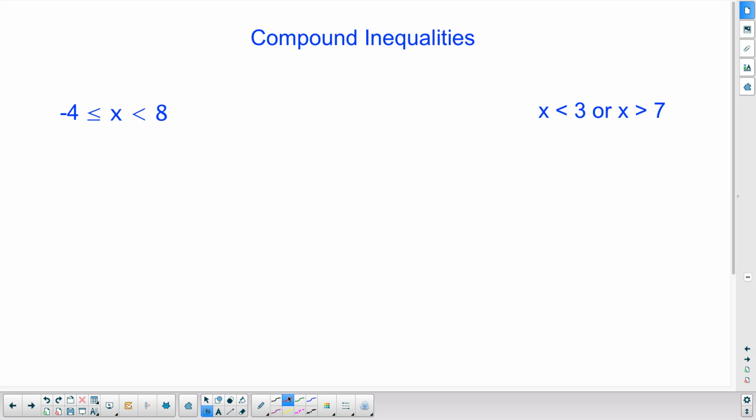When we get into systems, then we'll go into more. Okay? But so this first one is an AND statement. Okay? In an AND statement, both parts need to be true.